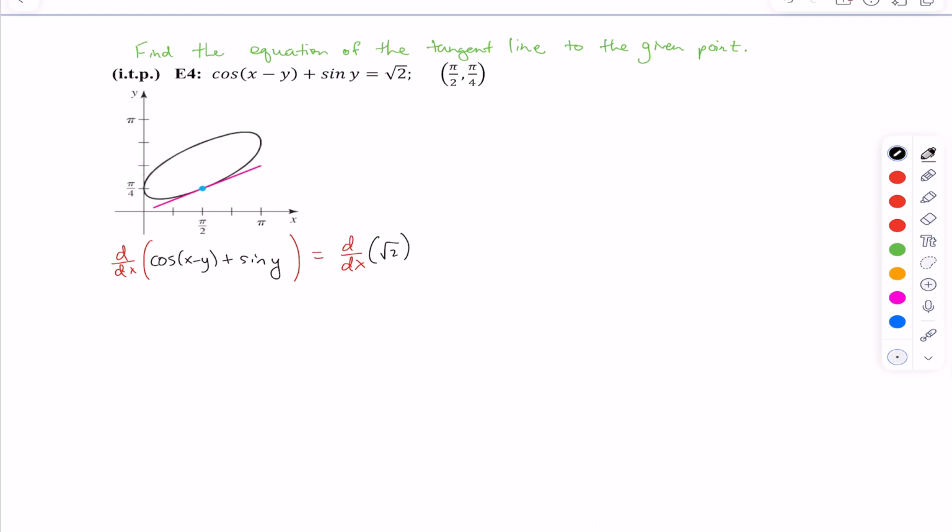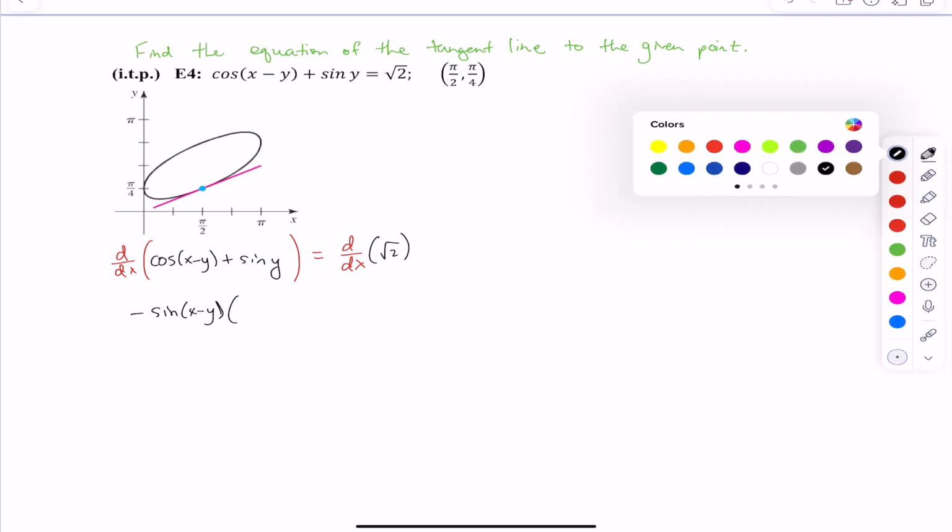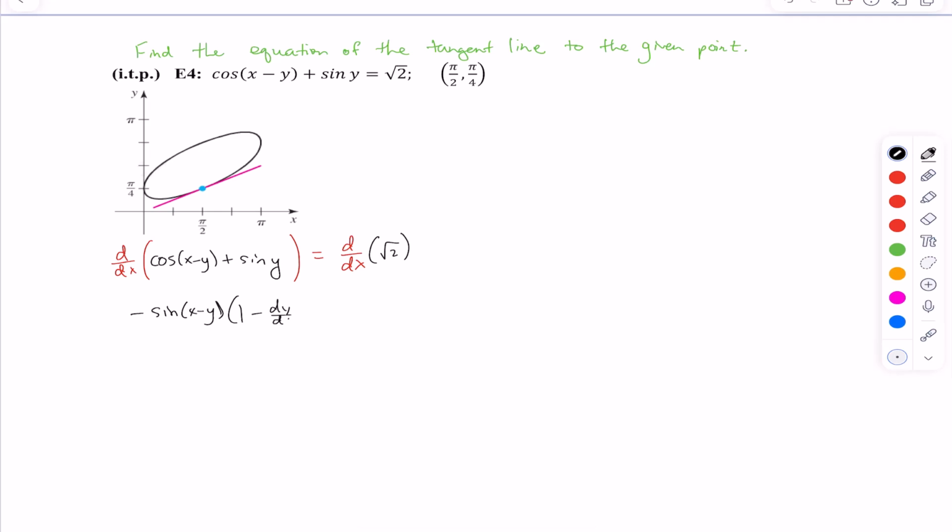Derivative of cosine with respect to x, and then apply the chain rule. So the derivative of the inside function with respect to x is going to be 1 subtract dy/dx.